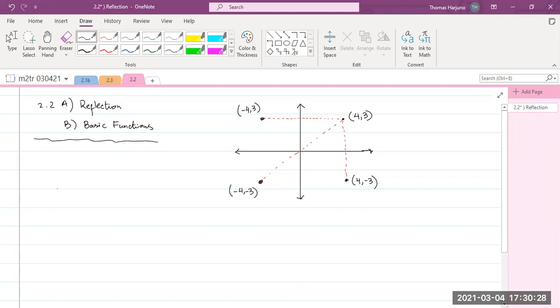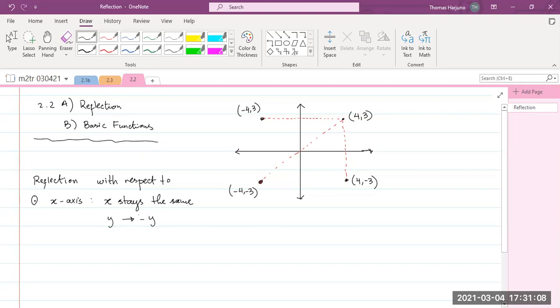Okay, which we can summarize as the following. Reflection with respect to the x-axis: the x stays the same. The y becomes the opposite.